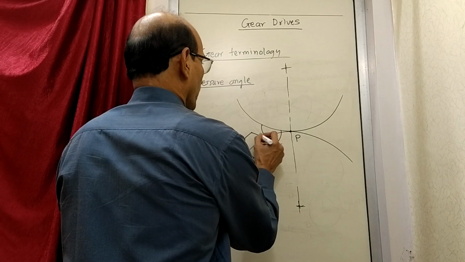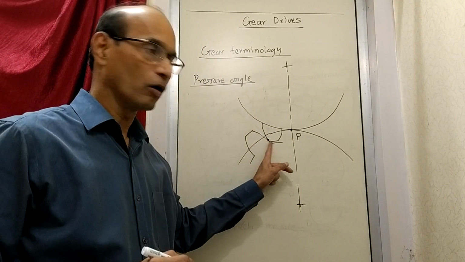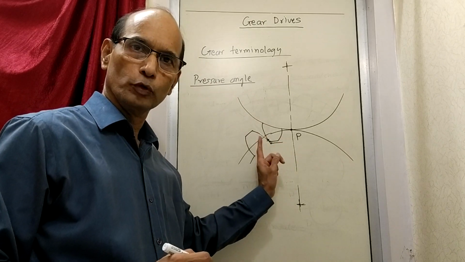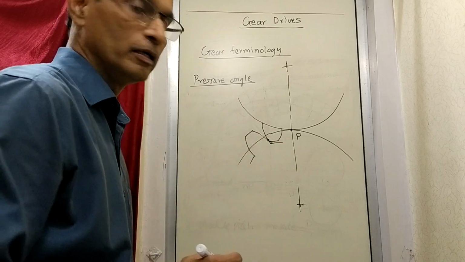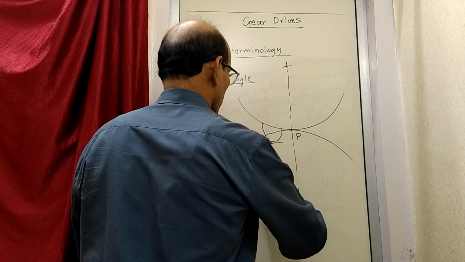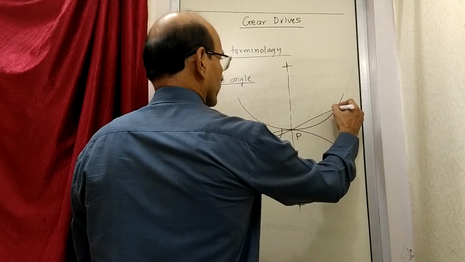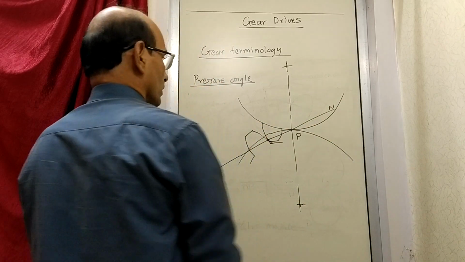Now the place where it is in contact, the contact point of the teeth of the two gears, at this point if you draw a normal, this is NN.